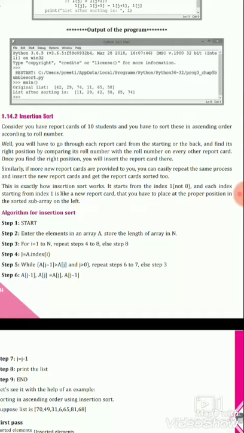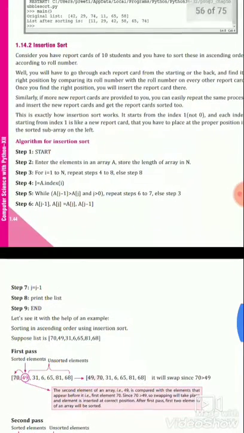Here the steps are given: first we start, then enter the elements in array A, and store the length of the array in capital N. Then step 3: for I equal to 1, so this is our first loop, repeat steps 4 to 8, else exit.